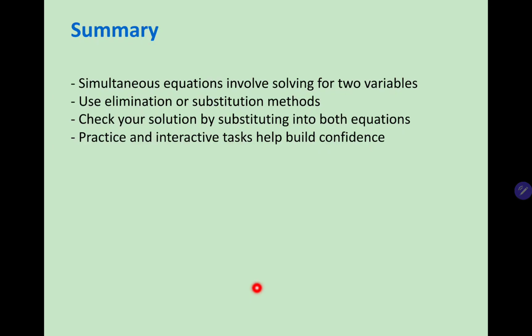So it's always easier to stick to what works well and what is easy to understand. I'm not saying that other methods are difficult, but for the purpose of this class, we're sticking to elimination and substitution. You can also use graphical method.